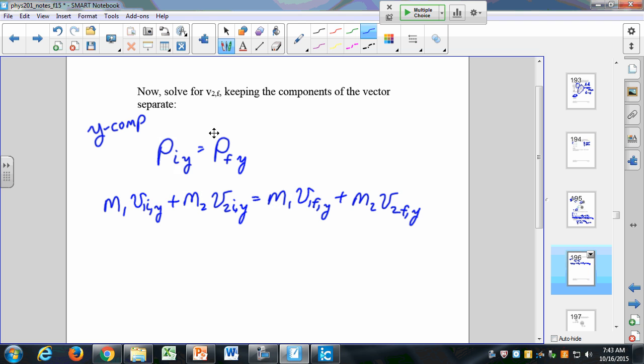And I'm now solving for this term. I'm going to do the numbers. It's easier here because the numbers are easy. Y'all go ahead and take a minute and solve for v2fy.